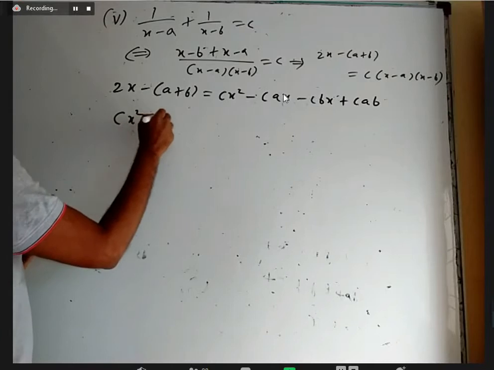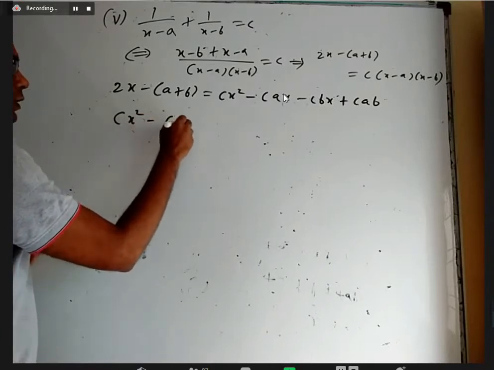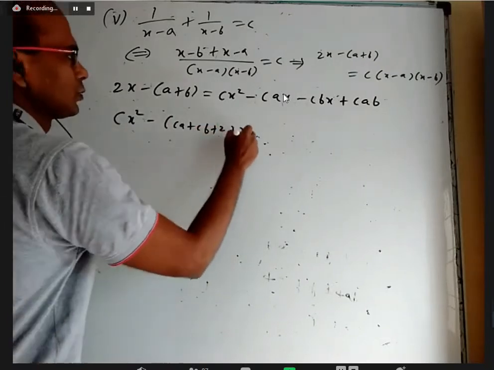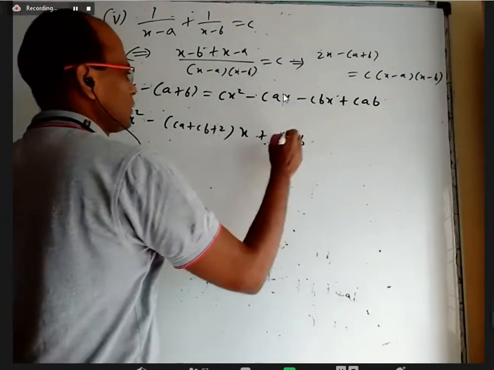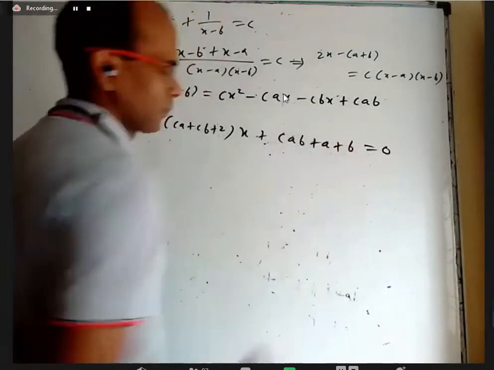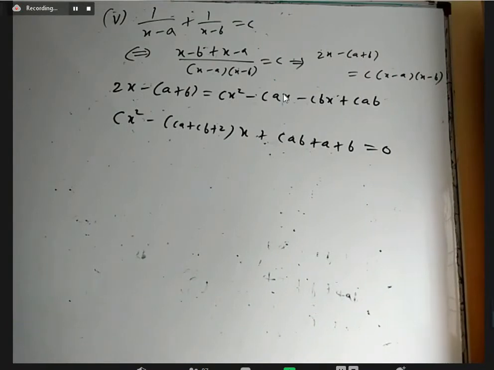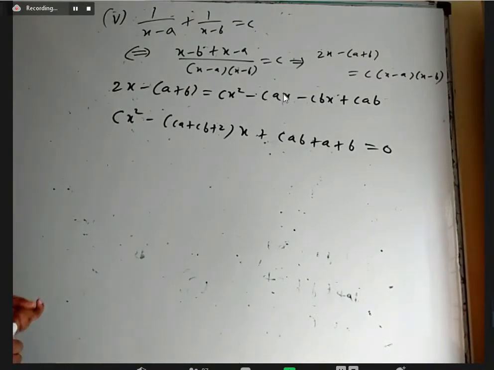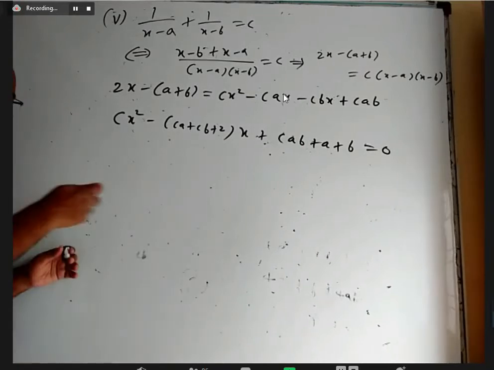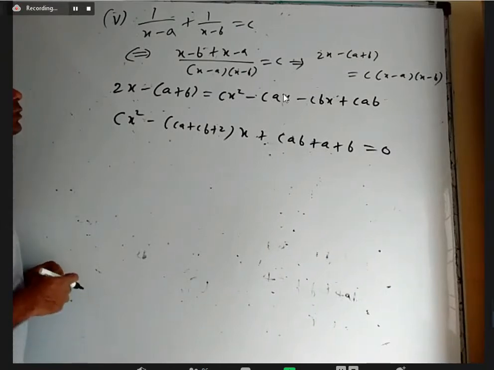Cx square minus ca plus cb plus 2 x plus cab plus a plus b. Oh, finding the discriminant of this is quite lengthy. We'll do it because we are doing it in the beginning. Later on there can be a method, but I think our approach is fine here.